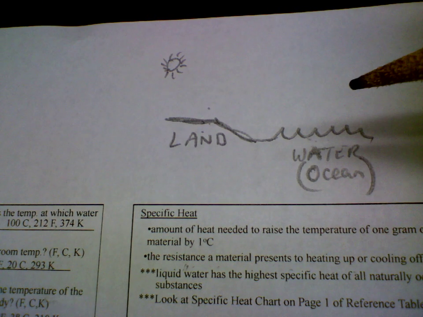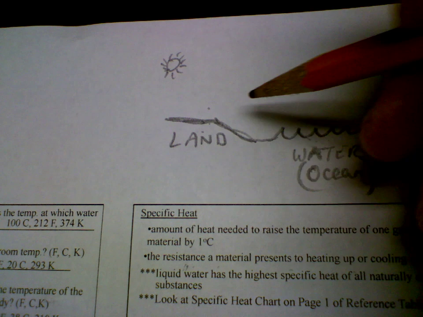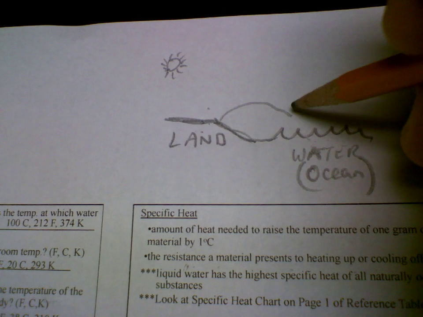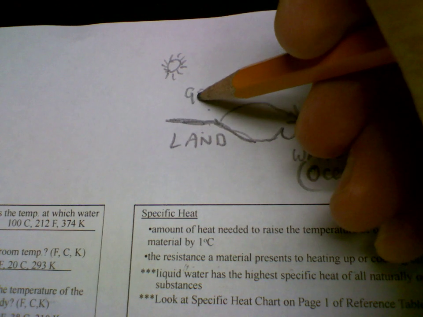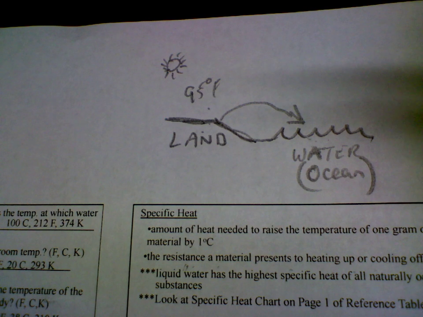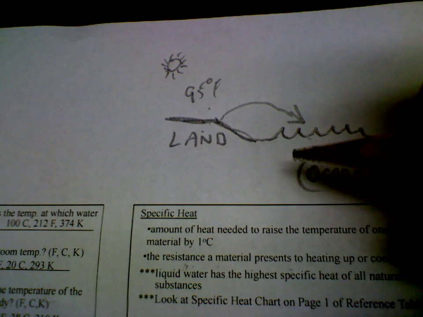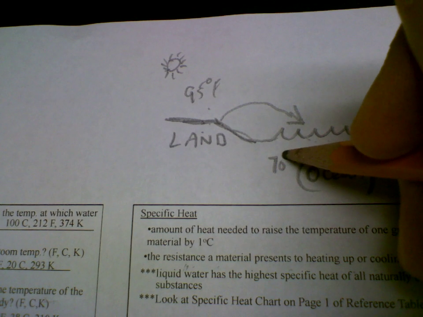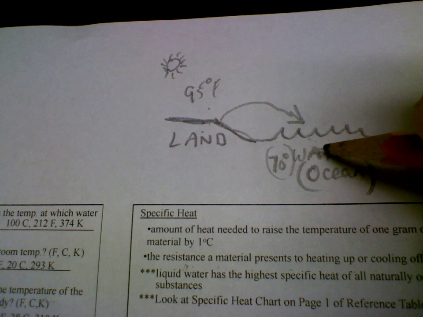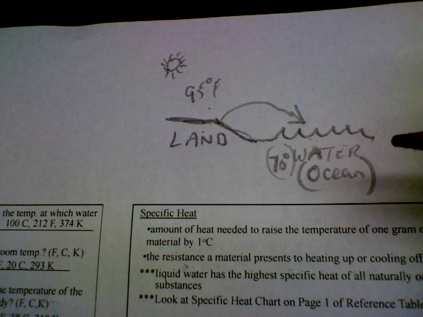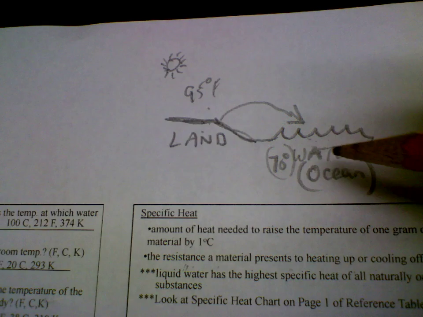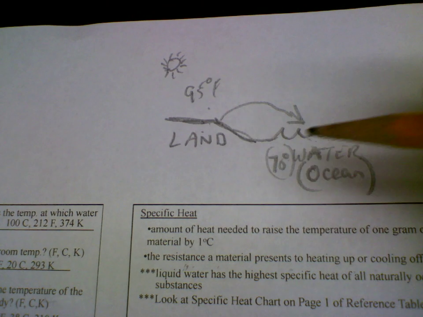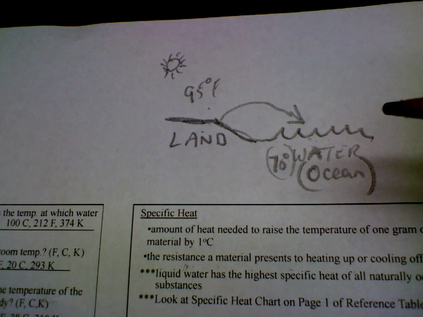When you want to cool off during the summer, when you're at the beach, it's nice to take a dip and dive into the ocean, right? It might be 95 degrees over the land, let's say by 2 o'clock, but in the ocean, maybe it's only 70 degrees. And it's going to take months to heat this up, even like 5 degrees. So, that's going to be our explanation of specific heat very, very soon.